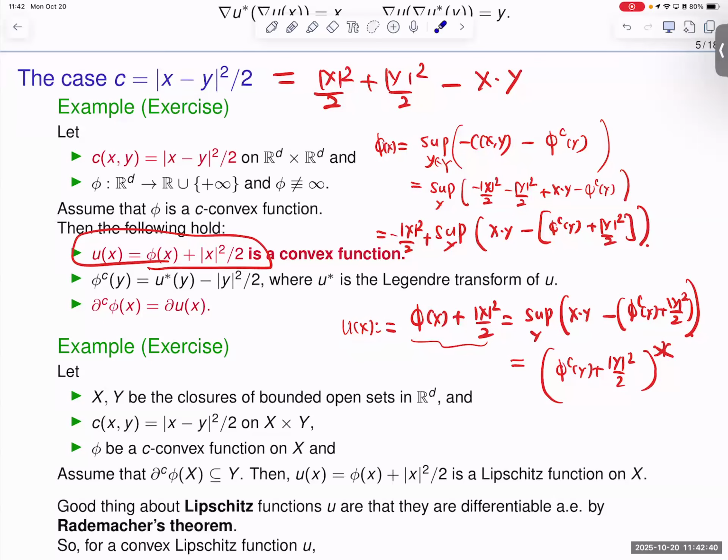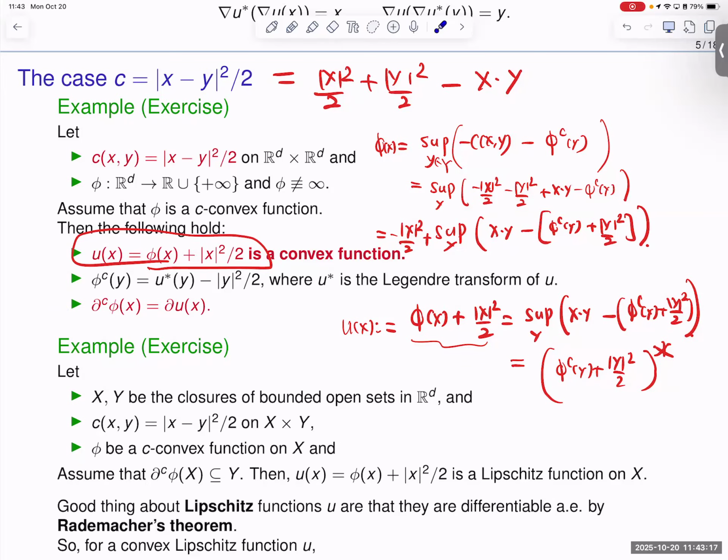And important for us is this relation, because here the c-subdifferential of phi is exactly the same as the subdifferential of u, when we just add x squared over 2 to phi. Is this clear? Of course this is your exercise, but do you think you can handle it?